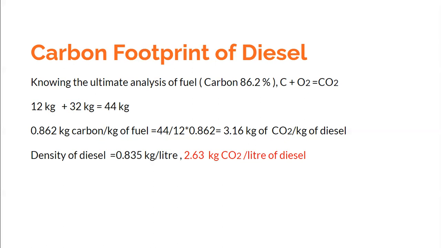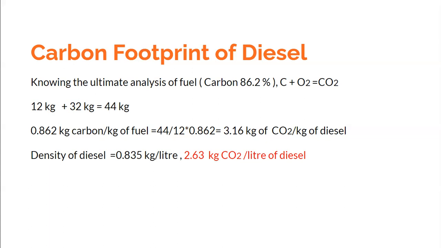Now, if you consider 1 kg of diesel, because the carbon content is 86.2%, it means that every kg of diesel should contain 0.862 kgs of carbon in it, right? And then how much would be the CO2 formed?